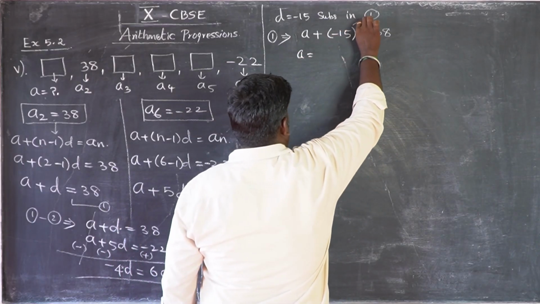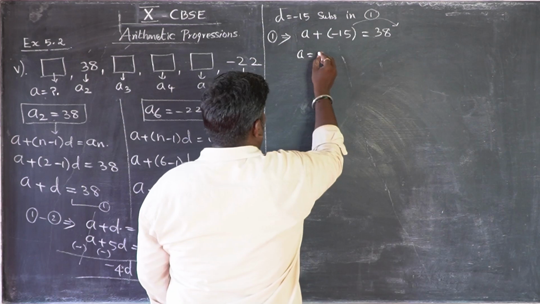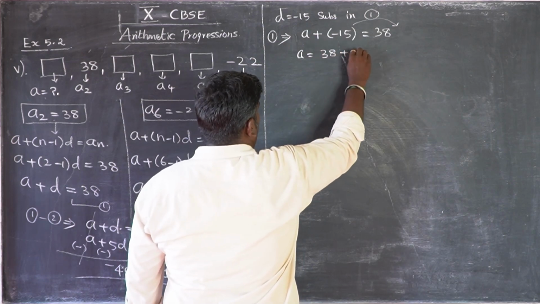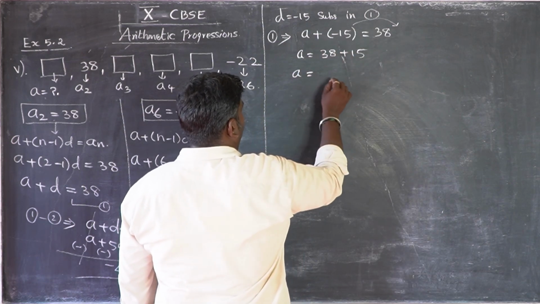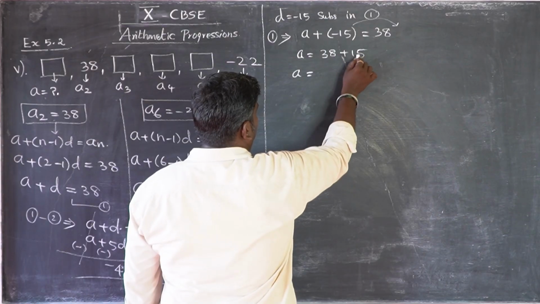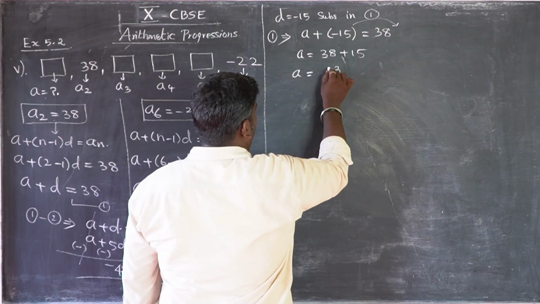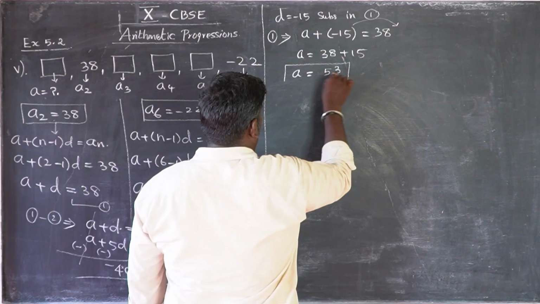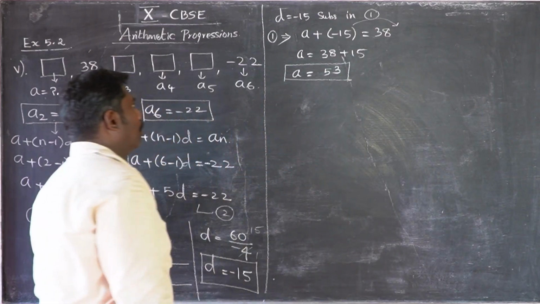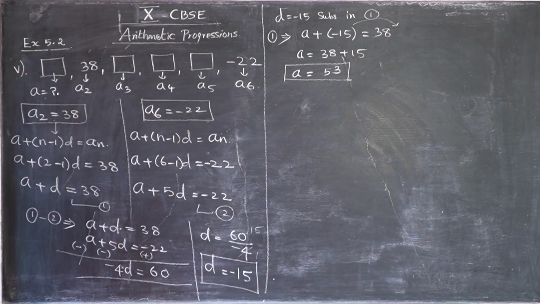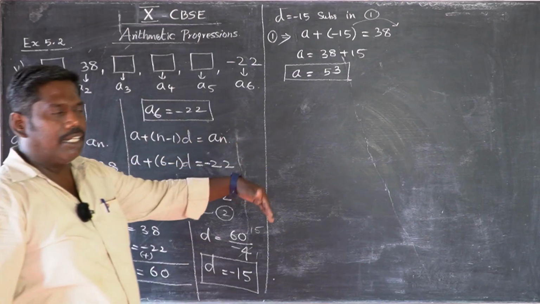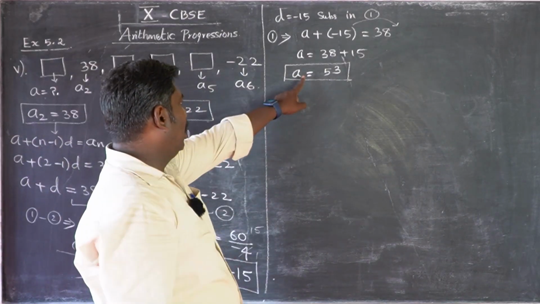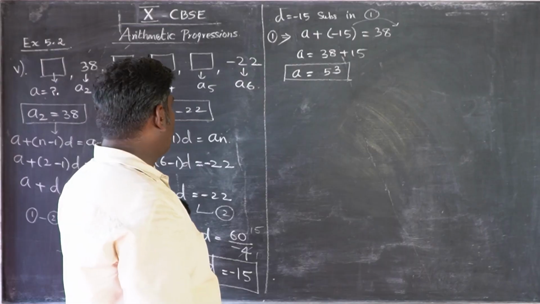Minus 15 changes to the right hand side becomes plus 15. So A is equal to 38 plus 15. 8 plus 5, 13. Balance 1, 53. The value of A is 53. So now we got the values of first term and the common difference. A value 53, common difference minus 15.